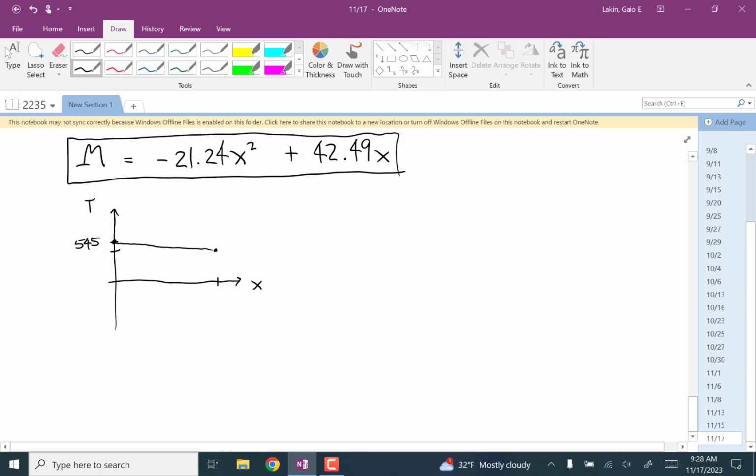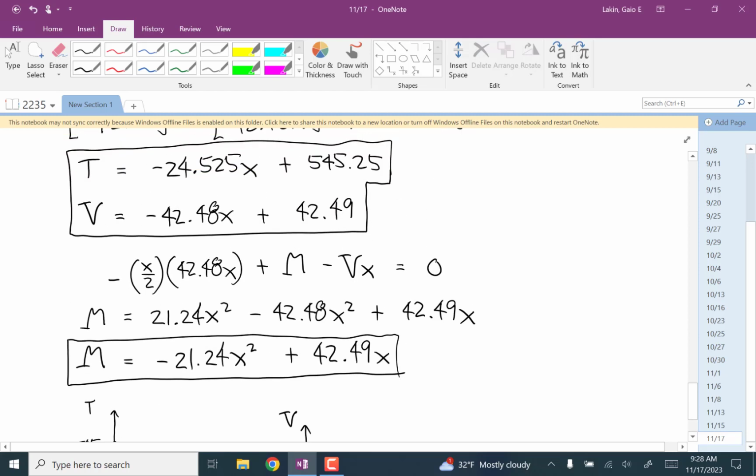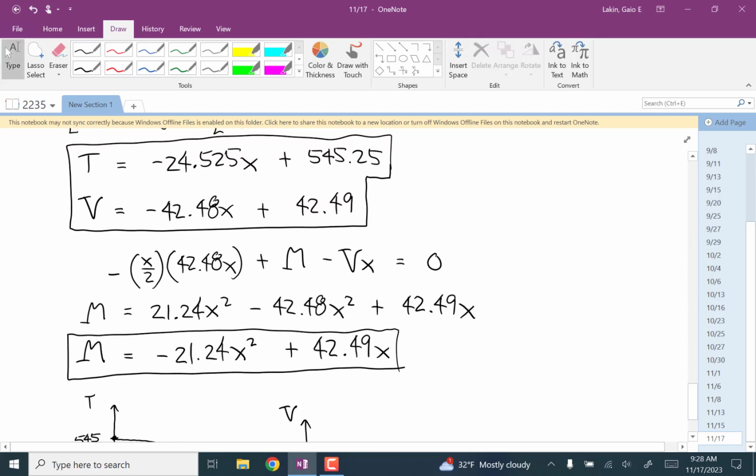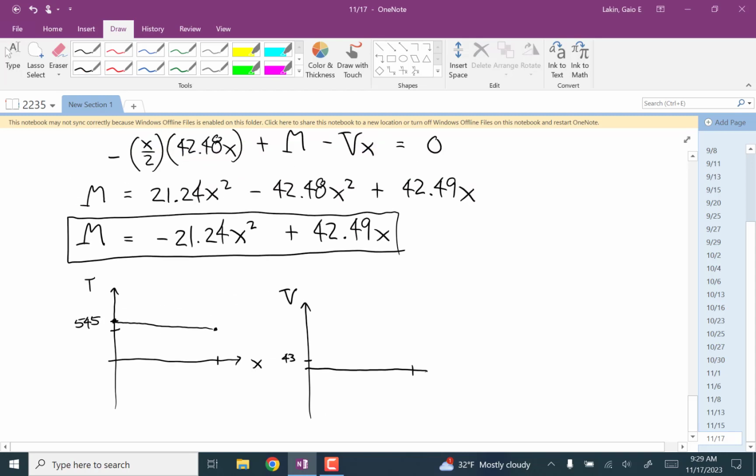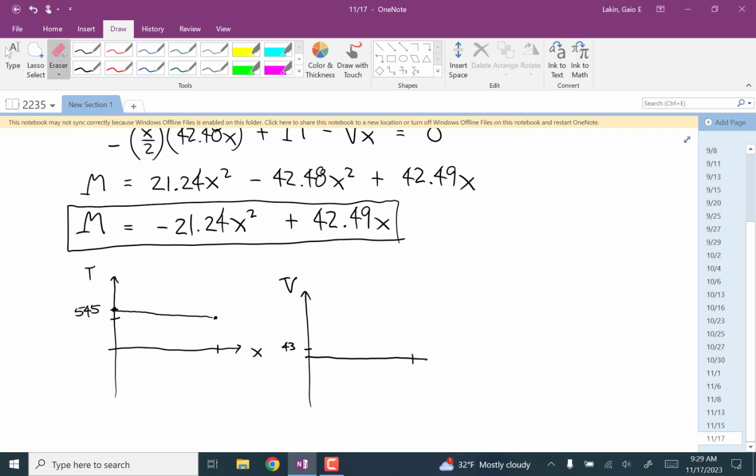So you get a little bit of a diagonal force, but mostly it hovers around 500. For the shear force, you have a value of positive 42.49, so I'll call that positive 42.